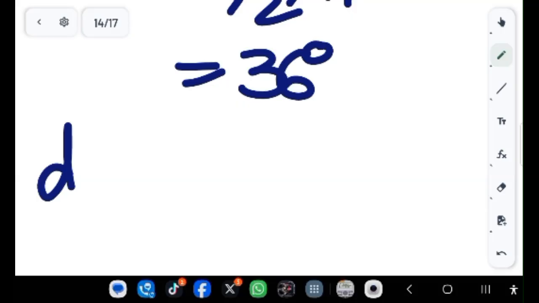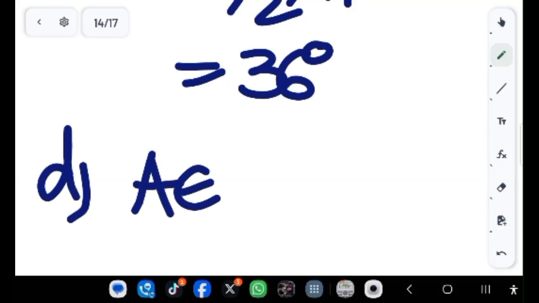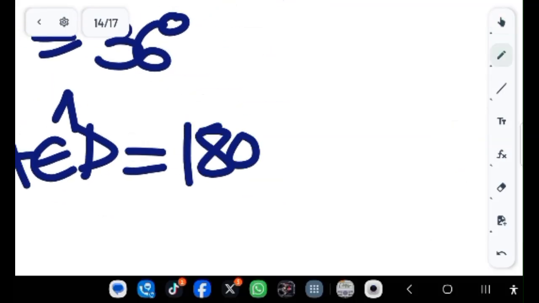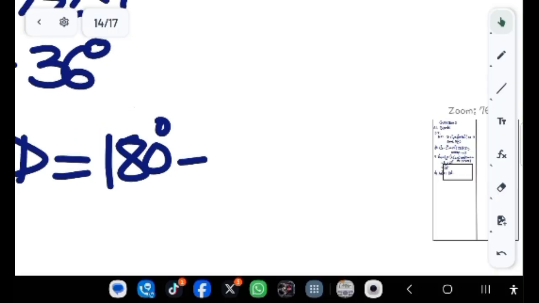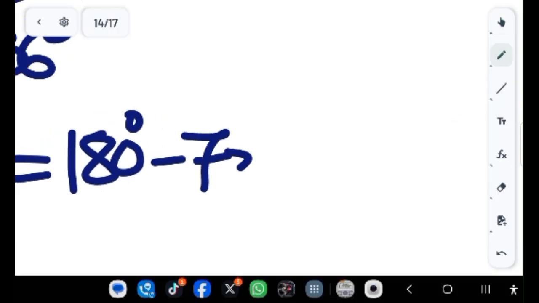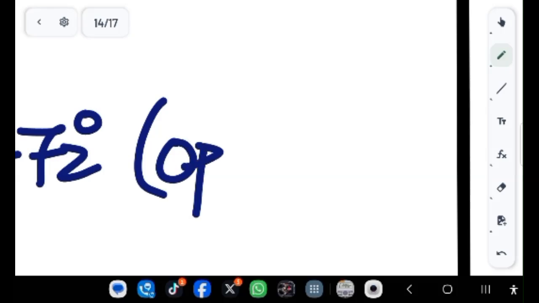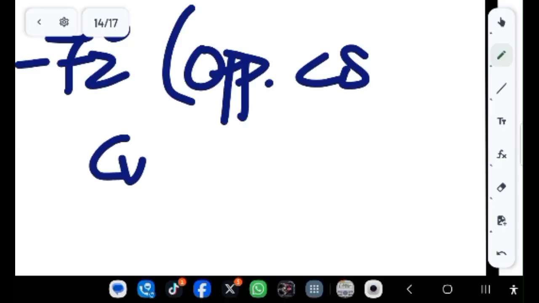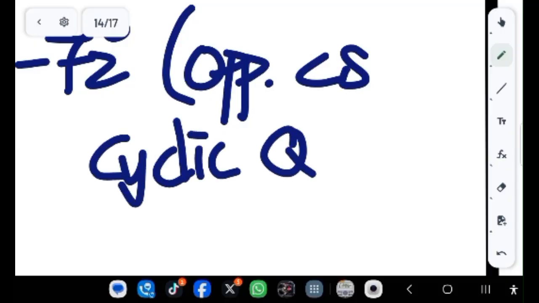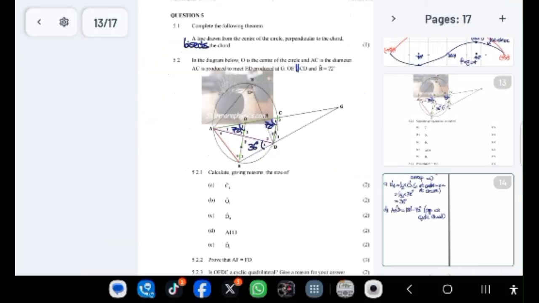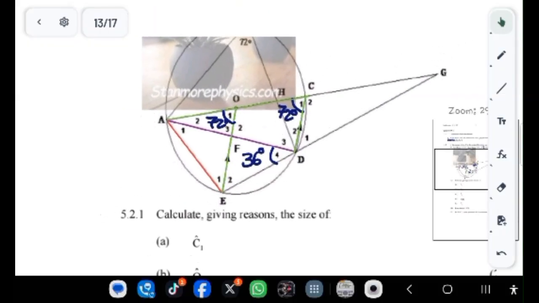Angle AED equals 180 degrees minus angle B, and the reason is opposite angles of a cyclic quad are supplementary. They add up to 180 degrees. So angle AED plus angle B equals 180 degrees.